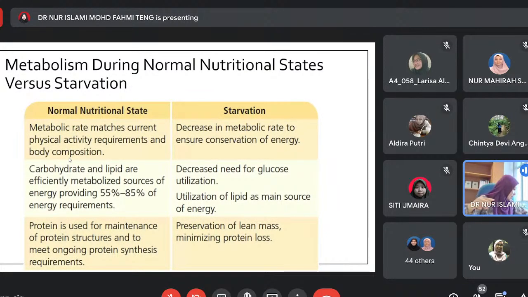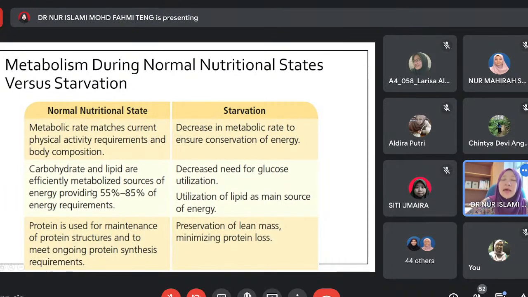This is the comparison of metabolism during normal nutritional states versus starvation. So you can see that here, during normal nutritional state, the metabolic rate matches the current physical activity requirement and body composition. However, during the starvation, there is a decrease in metabolic rate to ensure conservation of energy.